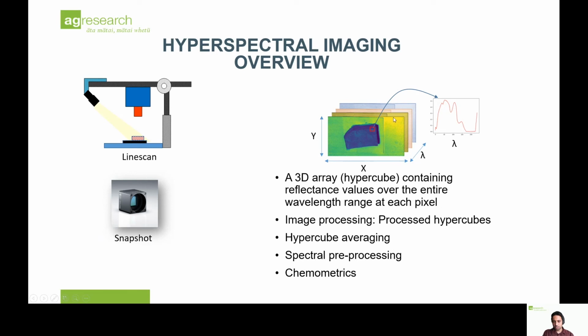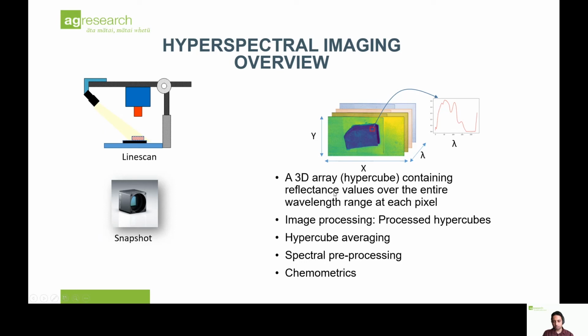As you can see from this image, for each pixel of your hypercube, you get a spectrum. The spectrum gives you information about particular composition. Also, it is somehow related to your structure as well. But these bands are related to your particular composition attribute, for example, fat or protein or moisture.